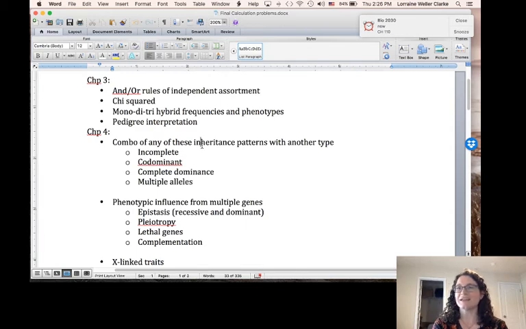So you need to be able to combine any of those types, and it doesn't have to be epistasis. It could just be a codominant with multiple alleles plus a gene that's lethal, and then having to understand what your outputs will be.